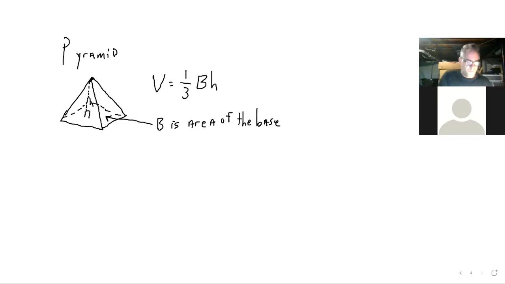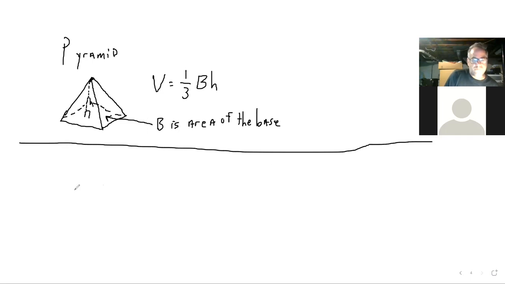So I'm going to do one example problem out of here. This is from your homework, number 8. Find the volume. Unfortunately, I can't show it to you, but find the volume of a road construction marker, a cone with a height of 3 feet and a base radius of 1/5 of a foot.